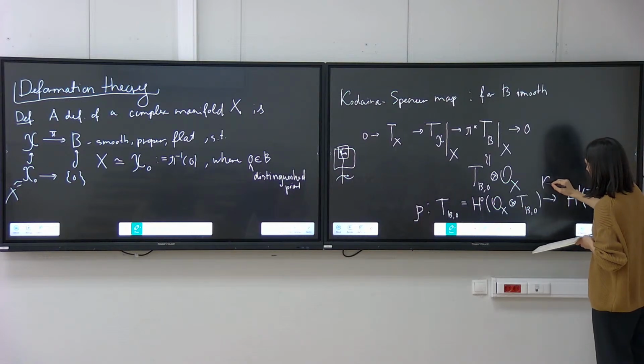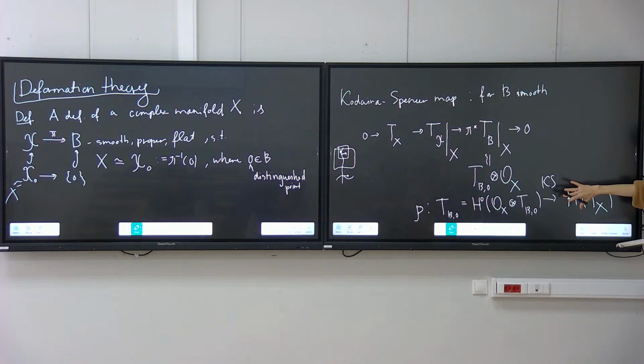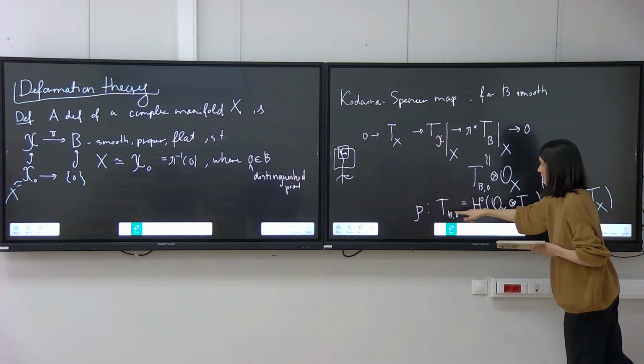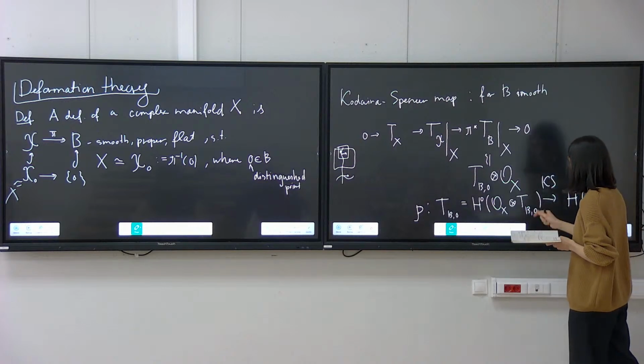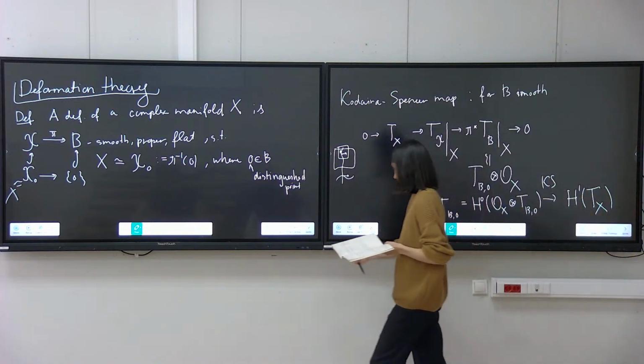And this is the Kodaira-Spencer map. Okay? Now, let me recall the notion of infinitesimal deformations, because, in fact, the first cohomology of the tangent bundle of X is parametrized by isomorphism classes of infinitesimal deformations, and then using this interpretation, I will say what the Kodaira-Spencer map is.